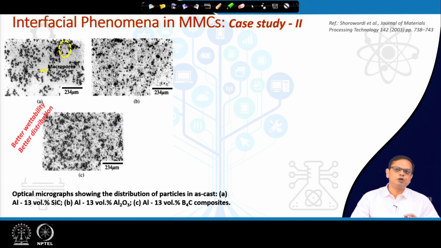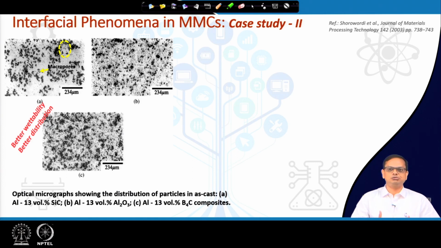So, this thin layer of B2O3 melts, and the oxygen from B2O3 also gets transferred to aluminum, and it makes a mixture of B2O3 and Al2O3. So, it is basically a thin liquid layer of B2O3 that improves the wettability of the B4C particles in the aluminum melt.